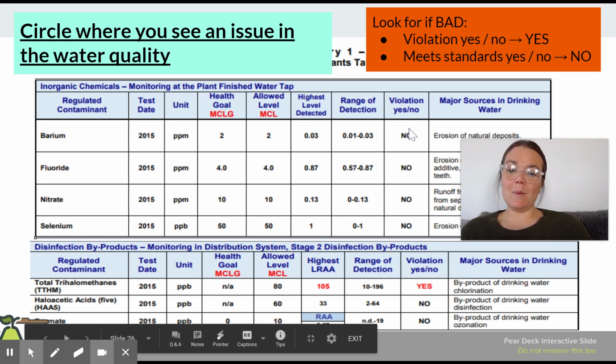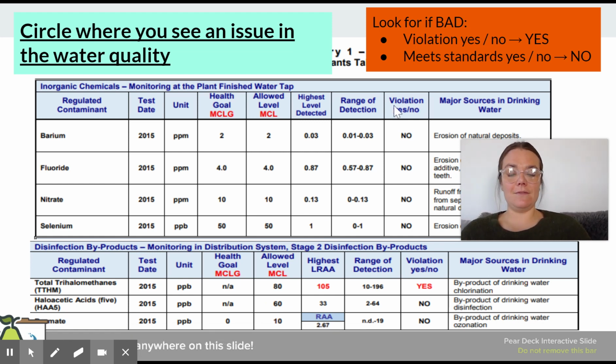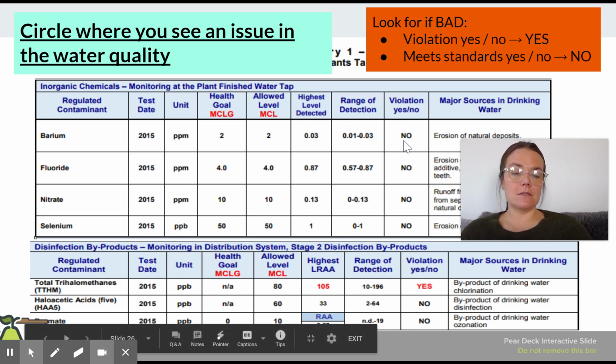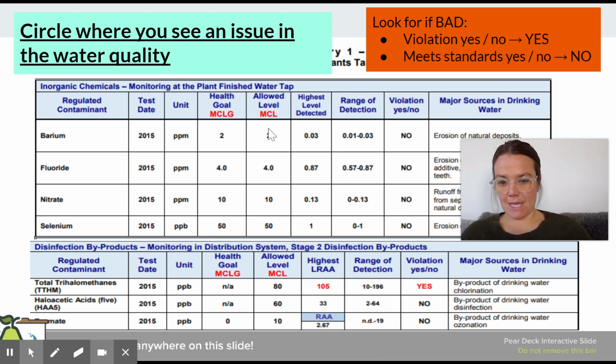And that will usually be highlighted by identifying it as a violation or as not meeting standards. So in this case, we see violations, and if it says no, that means it's at a good level, which matches what we see here with these numbers being underneath the maximum level. And if it is a violation, it will say yes.